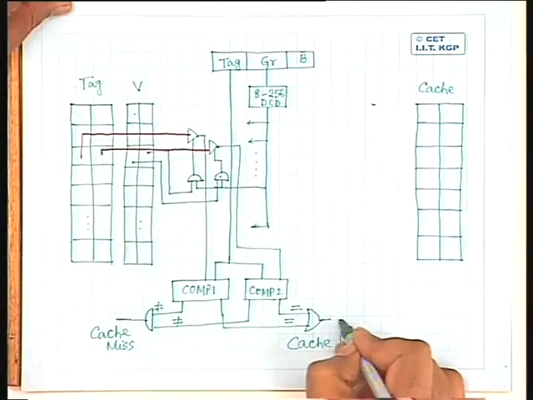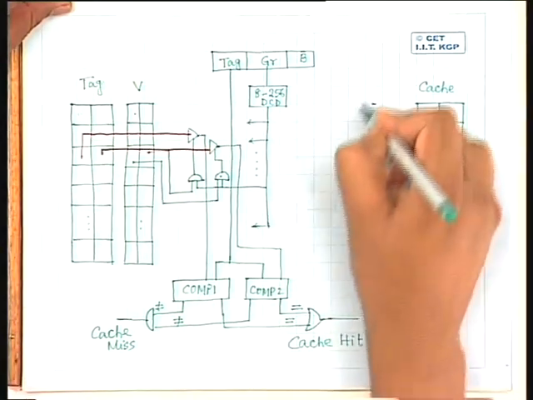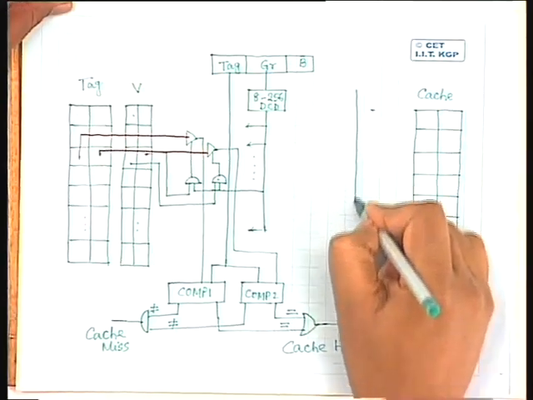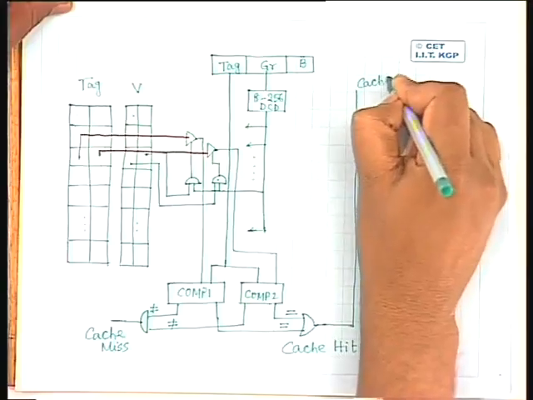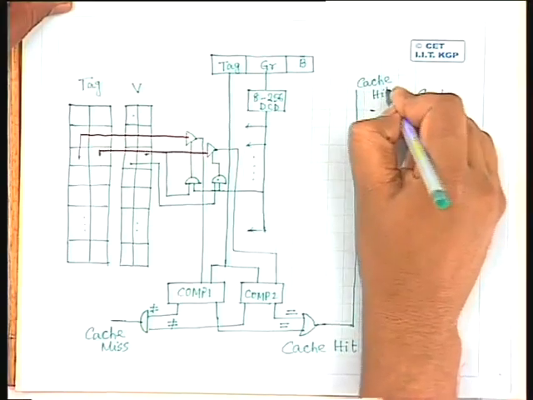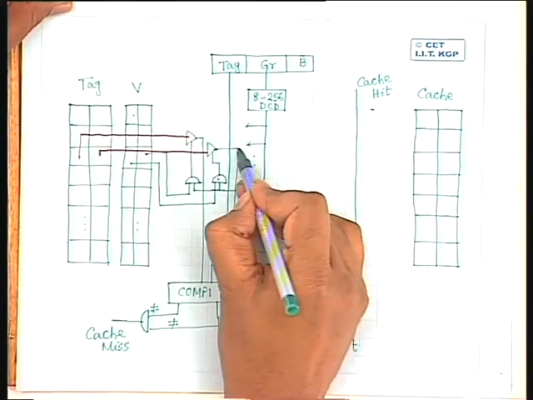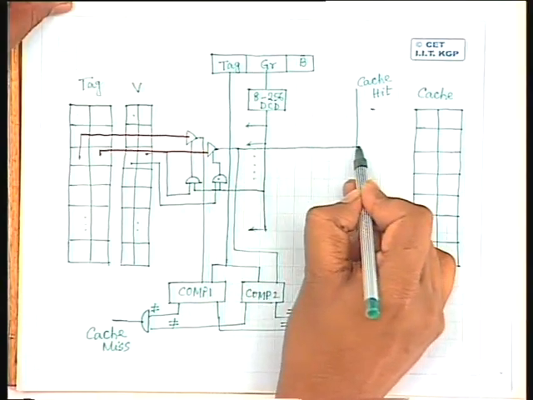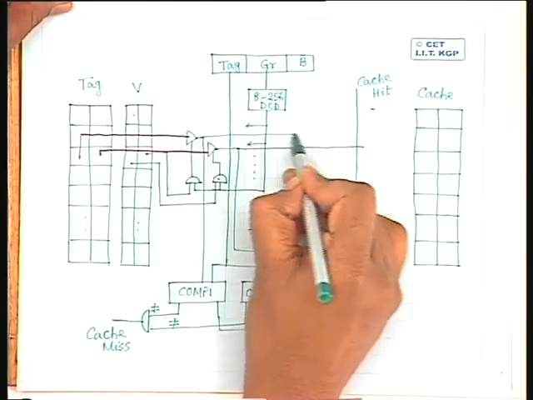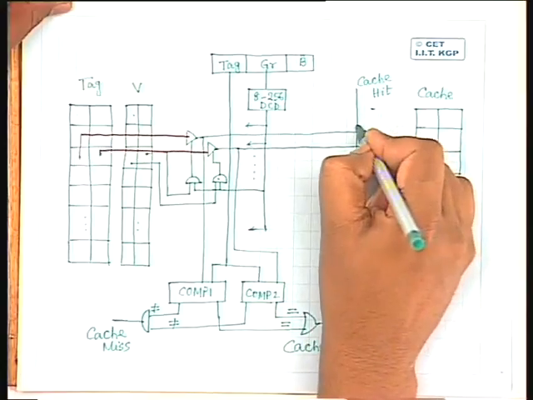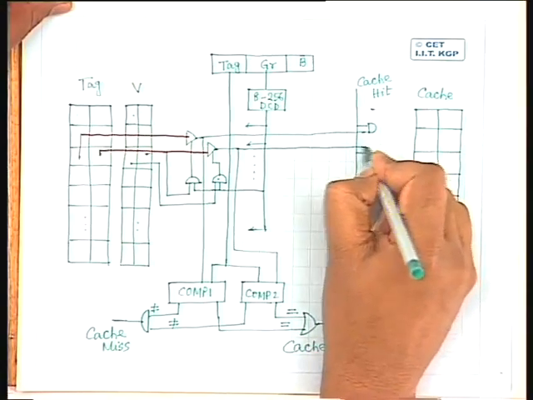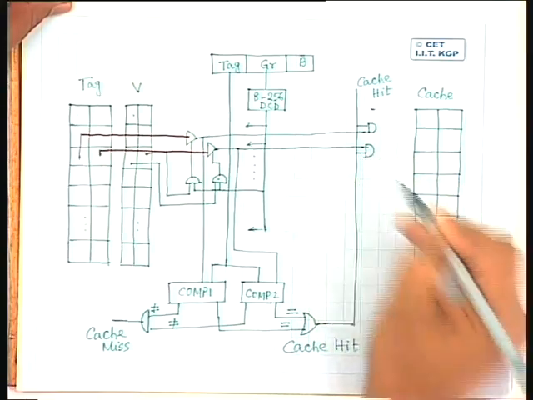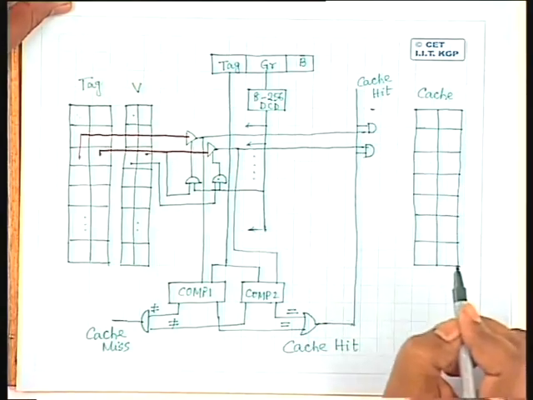Following the same argument, this is the condition of cache hit. I'll take one output from here and another output from here. They will be ANDed together. These two will also be ANDed together, and they will activate two different buffers.